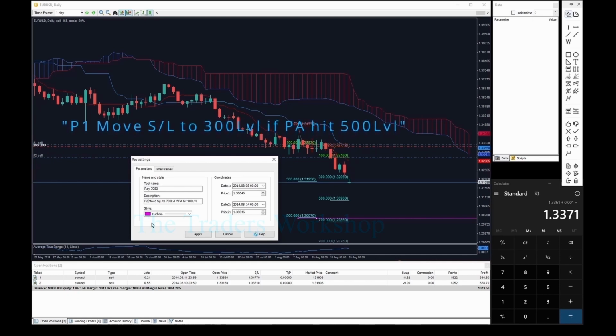The description should be, for position 1, move the stop loss to level 300 if price action hits the 500 level. And the exact price should be the price indicated by the Fibonacci at level 500, which is 1.30070. The same goes for price 2.